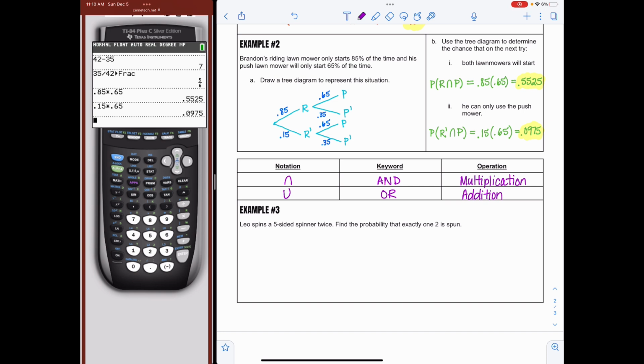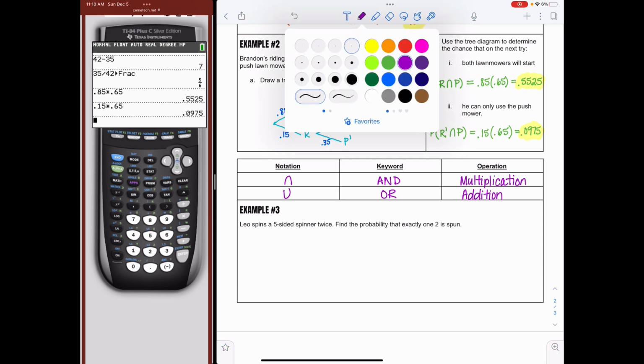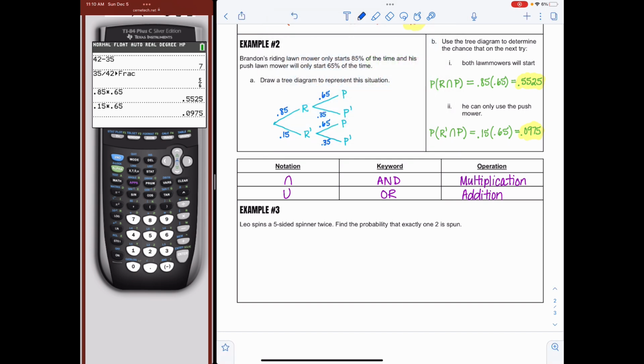All right, so he wants to find exactly one 2. Okay, so if we draw us a tree diagram, we're going to have that on the first spin, he can either spin a 2 or he can not spin a 2. So that's the first spin.